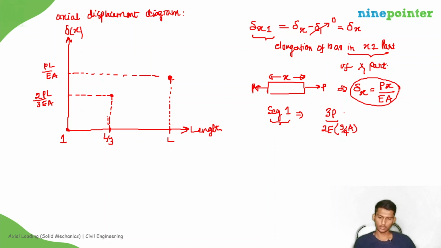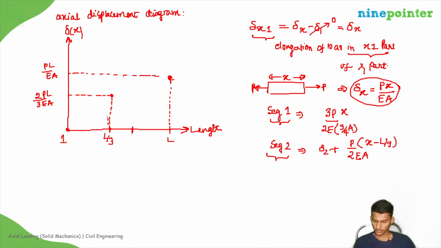For segment 2, delta 2 plus the force in segment 2, which is P by 2, right? P by 2 into E into A into, what is the value if we take that as x? We need to take x minus L by 3, right?